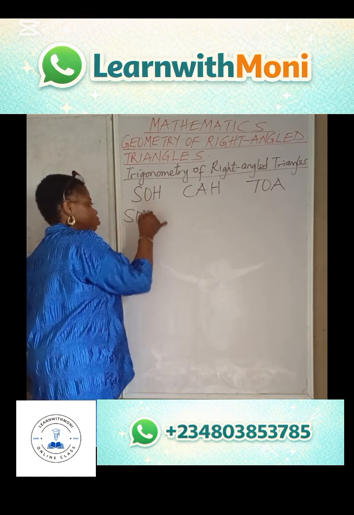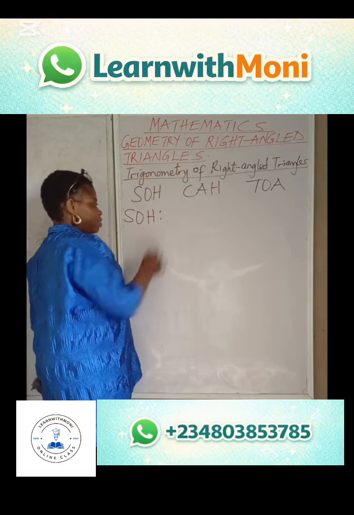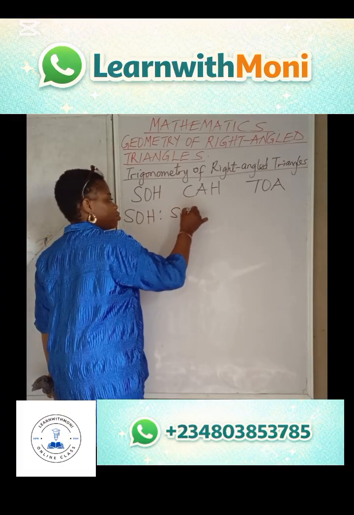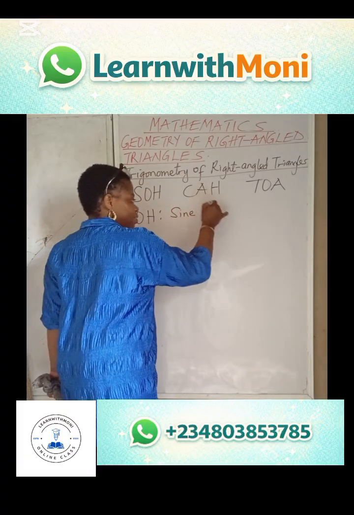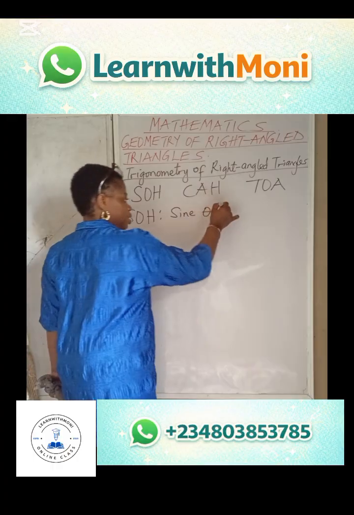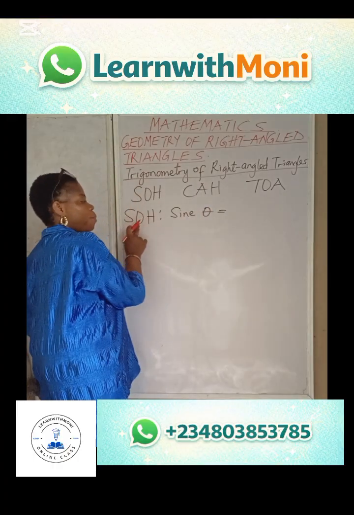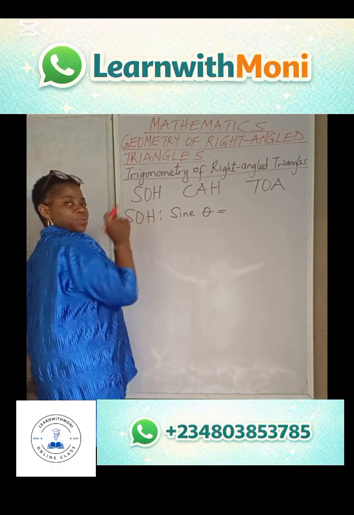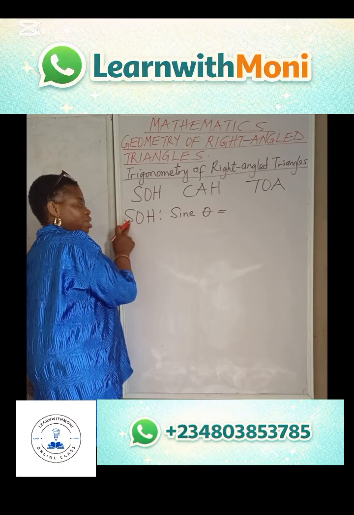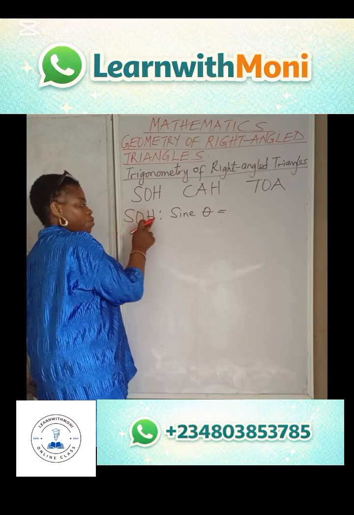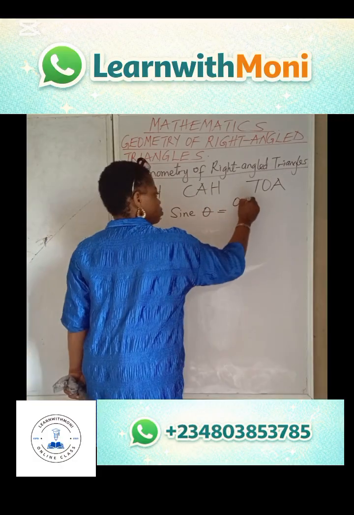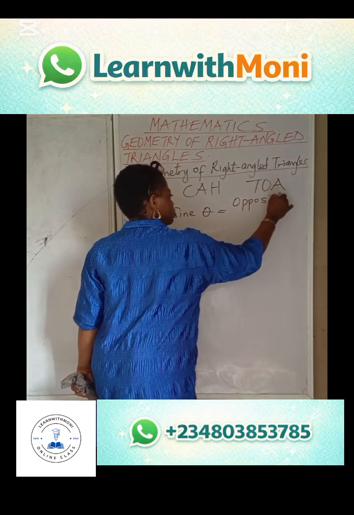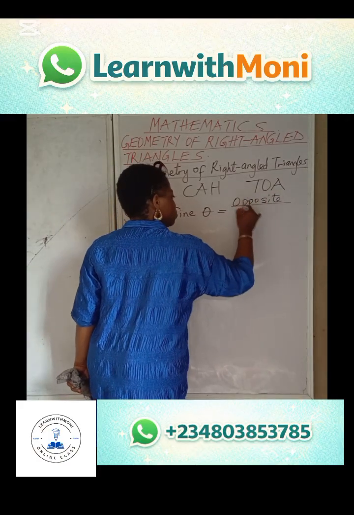The SOH means that sine of an angle, let's say sine theta for example, is equals to the opposite over hypotenuse. Sine equals to opposite over hypotenuse.